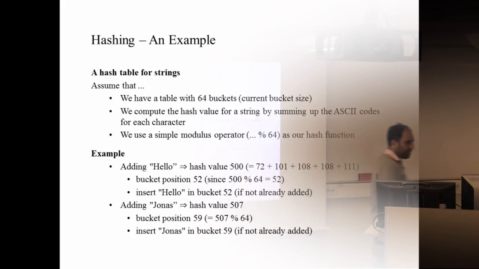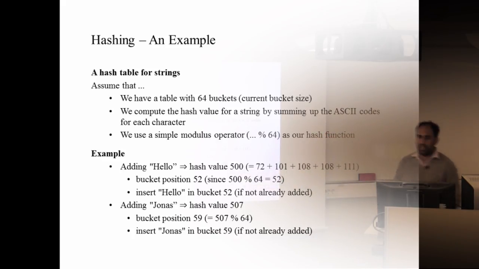We can compute the hash value of the string element by summing up the ASCII codes of each character. Then to compute the position, we divide by the size of the hash table using the modulus operator, and whatever remainder we get, we use it as the position.